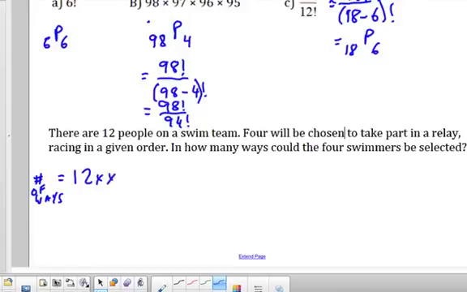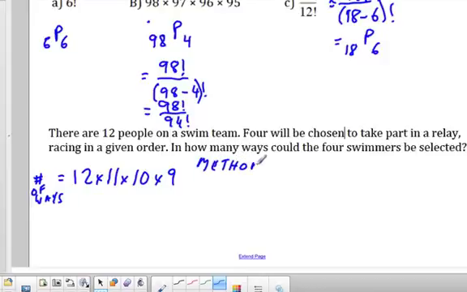Then you have 11 people to choose from to swim second, 10 to swim third, and 9 to swim fourth. So that's using fundamental counting principles. That's method 1.